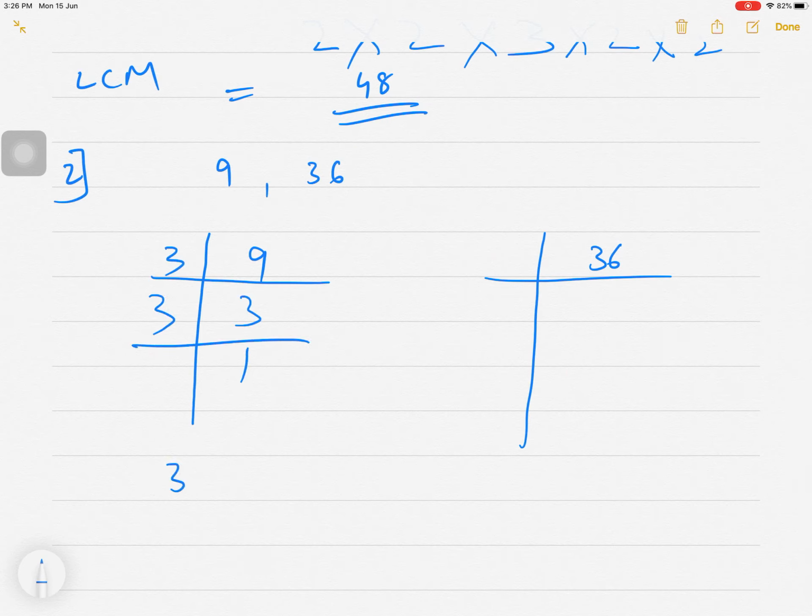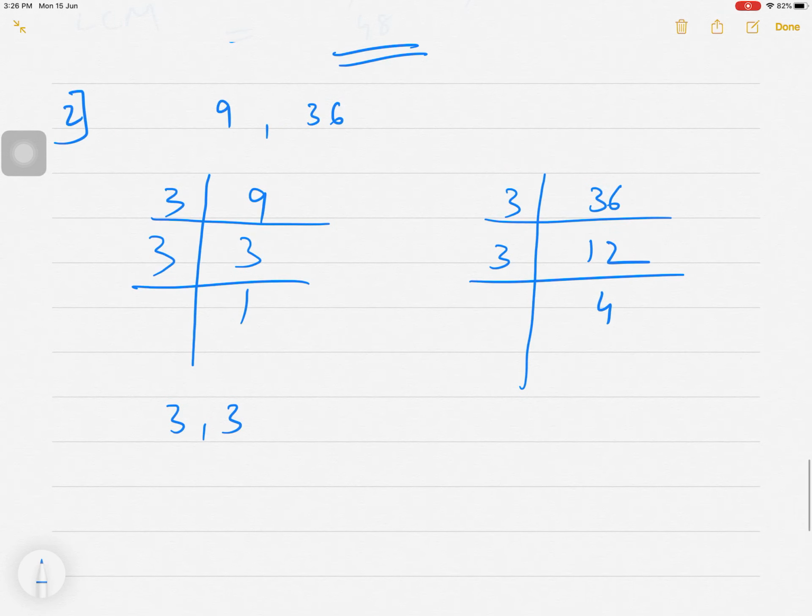So the prime factors for 9 are 3 and 3. Let's calculate for 36. 3 12s are 36. 3 4s are 12. 2 2s are 4. And 2 1s are 2.